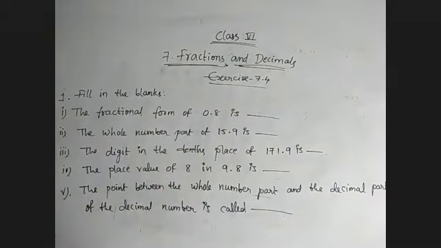Observe the questions. All these questions depend on decimal numbers: what is the whole number part, what is the decimal part, what are the place values. All of this depends only on decimal numbers.